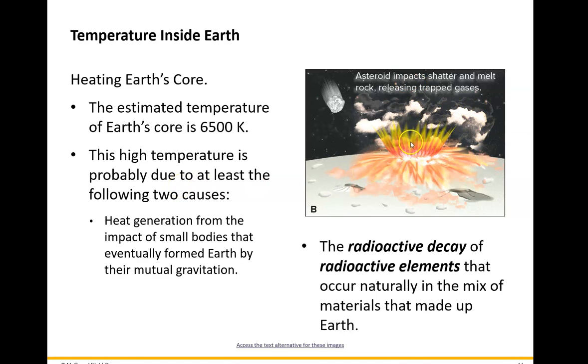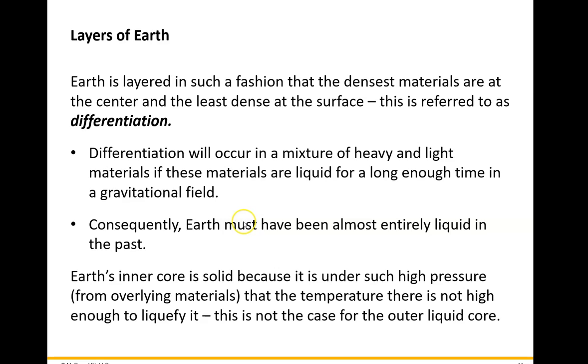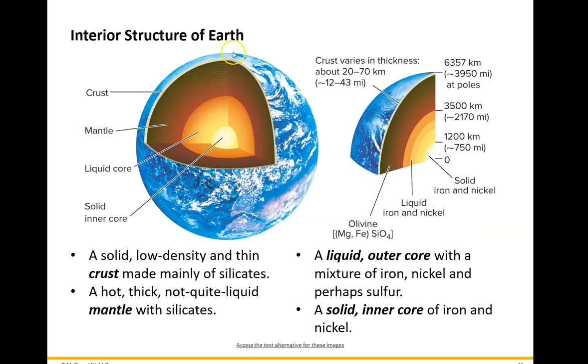So let's say you have a lot of things hitting the very early Earth. Nowadays there are still things hitting the Earth, but it's not quite as dramatic as the huge asteroids and comets in the very early stages of the solar system. We'll get into that a little bit later. But basically, as the Earth began to grow, you have this tremendous amount of mass pushing down towards the center.